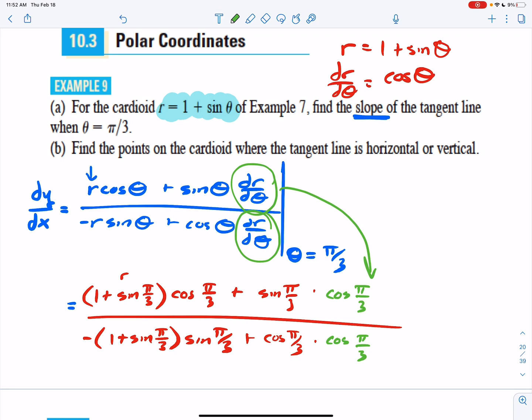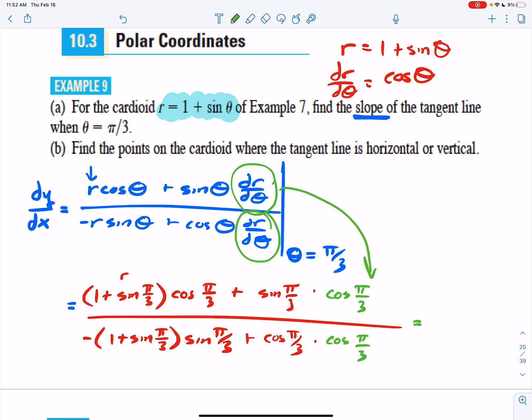Okay, and the rest is a lot of plug and chug. But you have an advantage. If you have a calculator, you can plug and chug, or equal is equal, right? Okay, so let's compute this real quick.